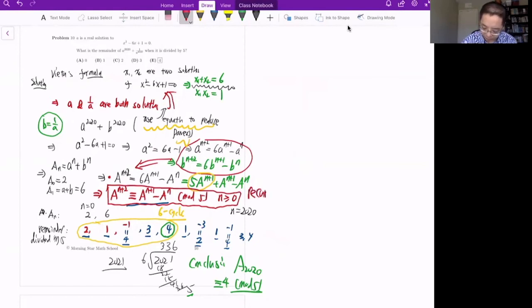If you plug in the two numbers, A0 which is 2, and A1 which is 6, by the other formula, and plug into the sequence, we identify a pattern. The pattern is a 6 cycle, and then you just find the remainder when divided by 6.